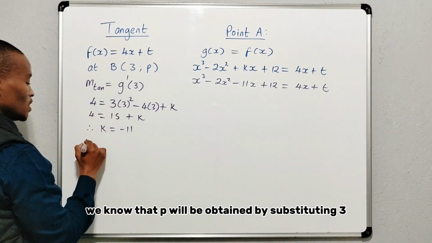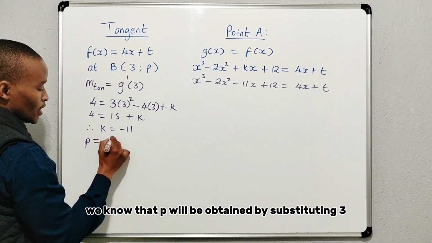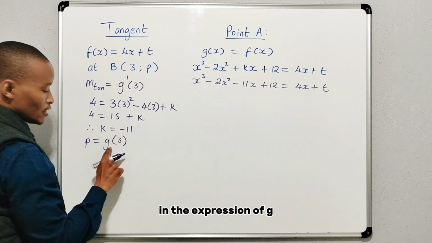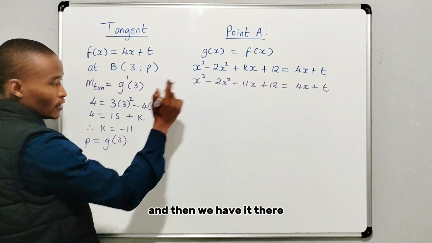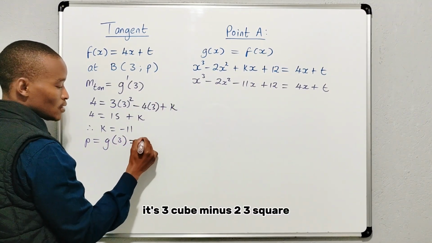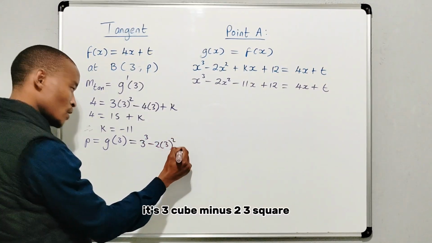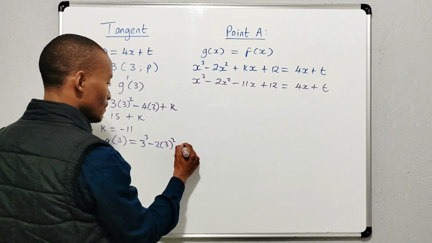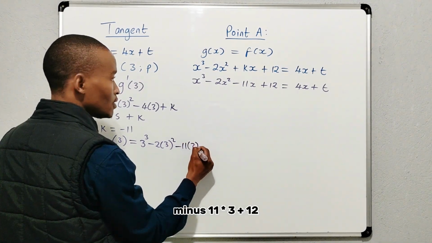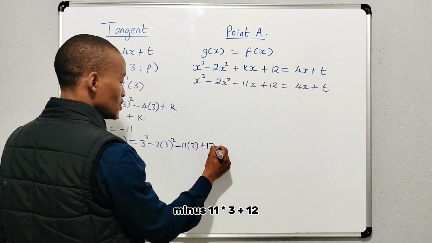We know that P will be obtained by substituting 3 in the expression of g, and then we have it there. It's 3 cubed minus 2 times 3 squared minus 11 times 3 plus 12.